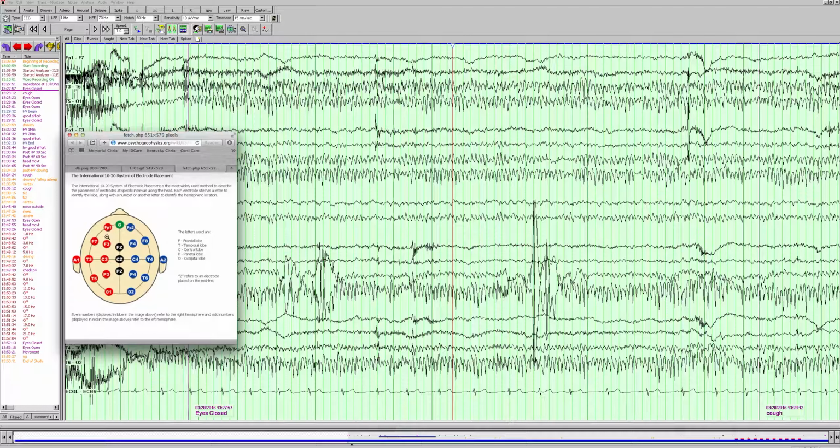So FP is frontopolar. We've got frontal, central, parietal, temporal, and occipital. The electrodes all have a number as well, and that number is odd if it's on the left side and even if it's on the right side. We also see a Z on the electrodes in the midline. So FZ, CZ, and PZ are right down the center.